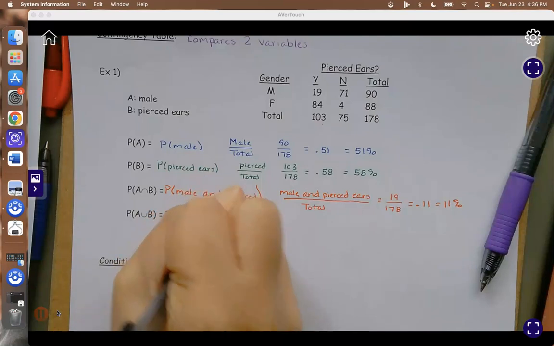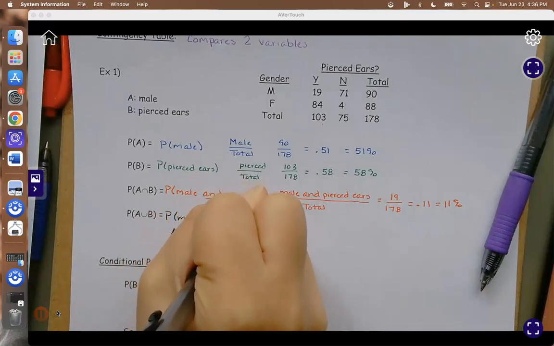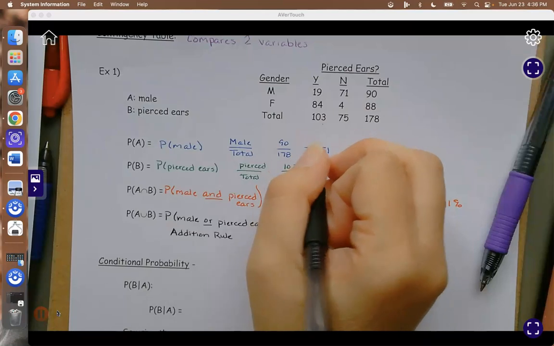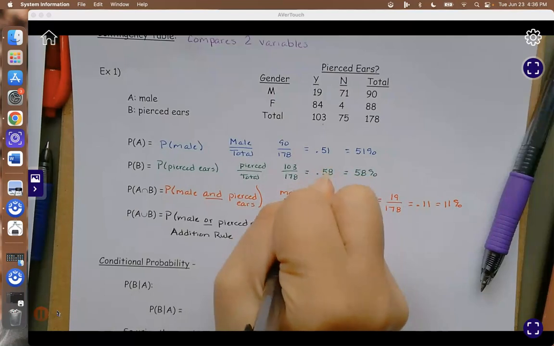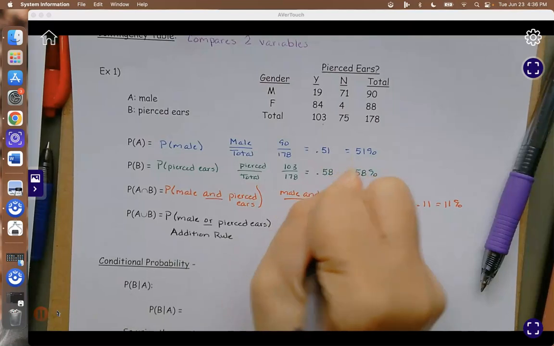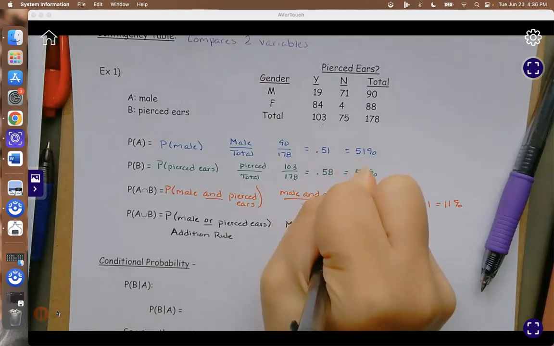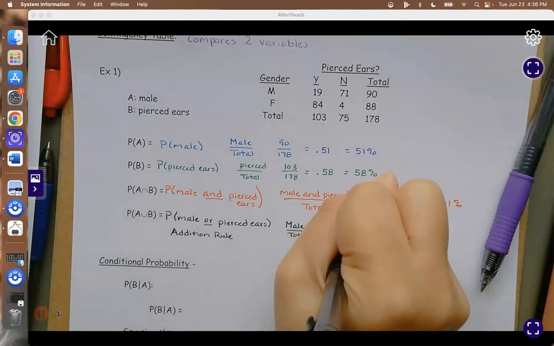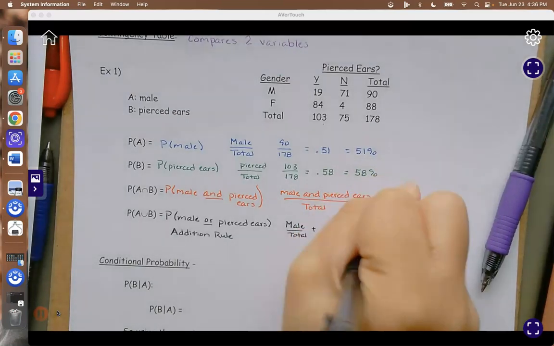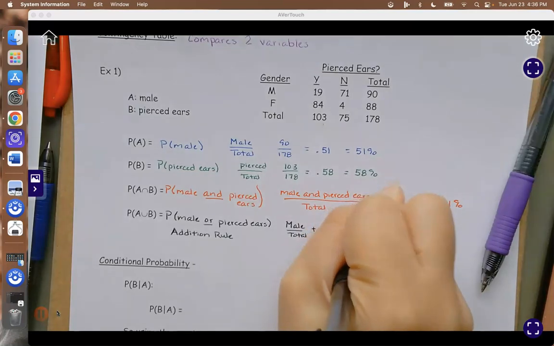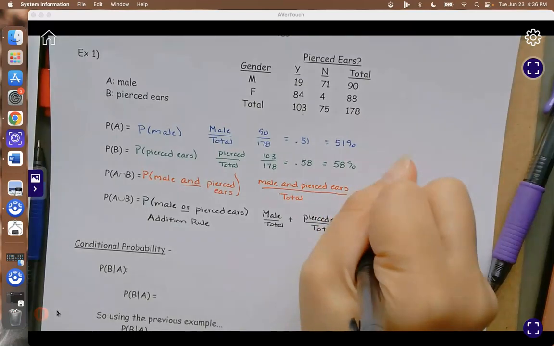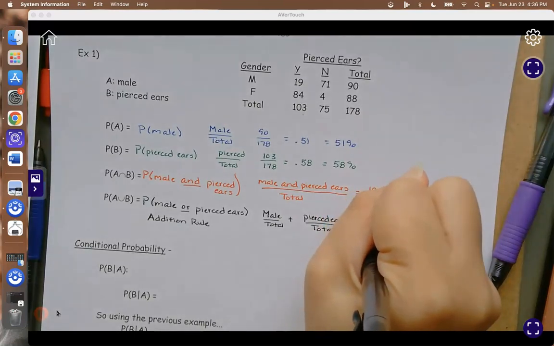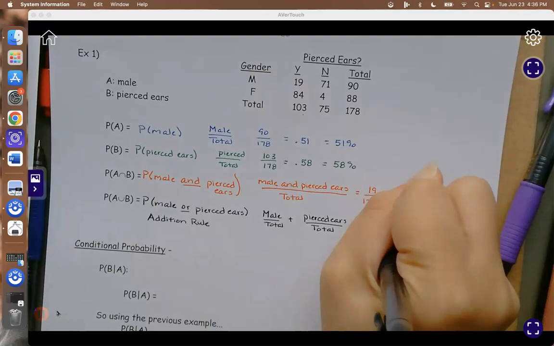So you do male probability plus pierced ears probability. Then you have to subtract off the overlap. So anytime you have or, you have to subtract off the overlap.